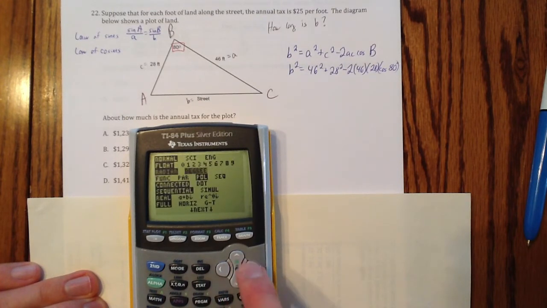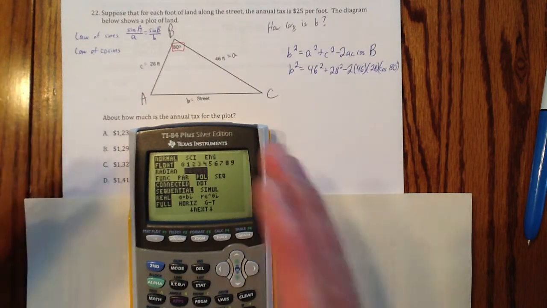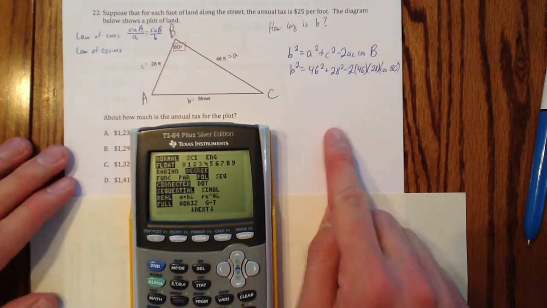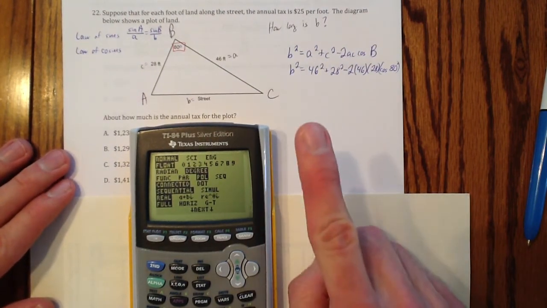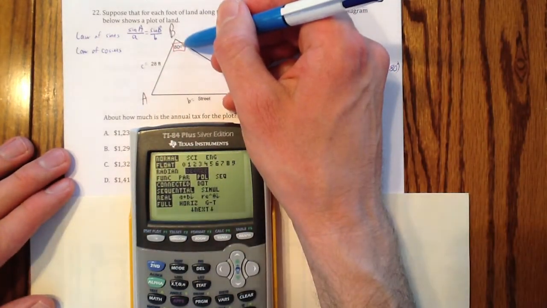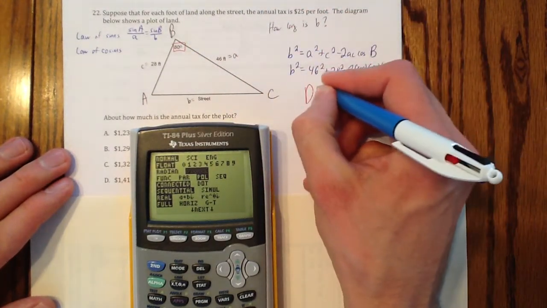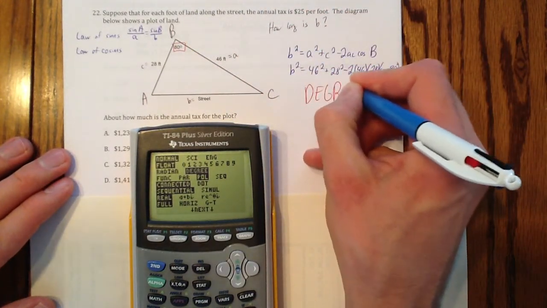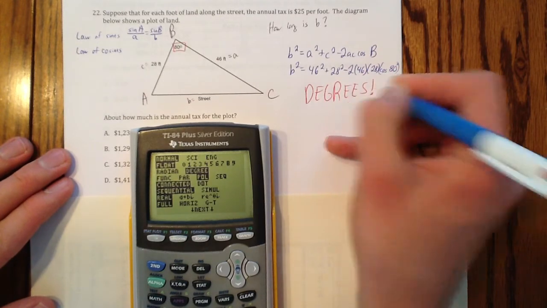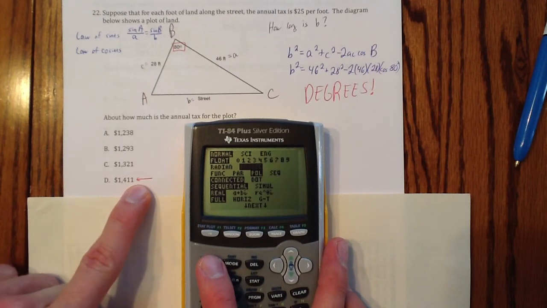Make sure you're in degrees. They never said make sure your calculator's in degrees, but it should become obvious within a problem. It is always in radians unless they say it's in degrees or you see degrees, and that one little symbol right there changes everything. Please be careful. Degrees. Go to college and get more than one of them. So that is not correct.